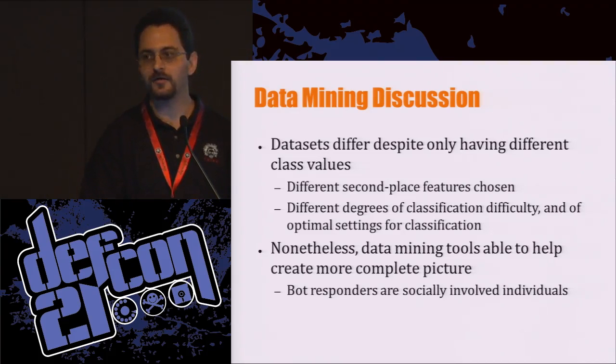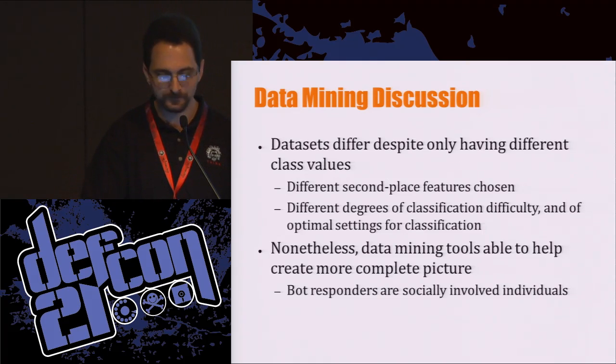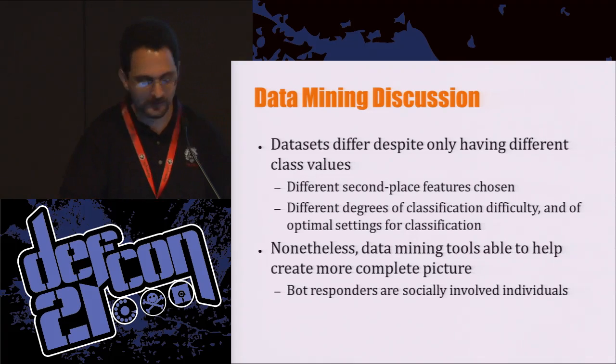And even though our models are not perfect by any means, we still have a large number of false positives, we're able to build models that let us build bots that can attack those that are more likely to be susceptible to the bot. So with that, I'm going to give it back to Chris here.